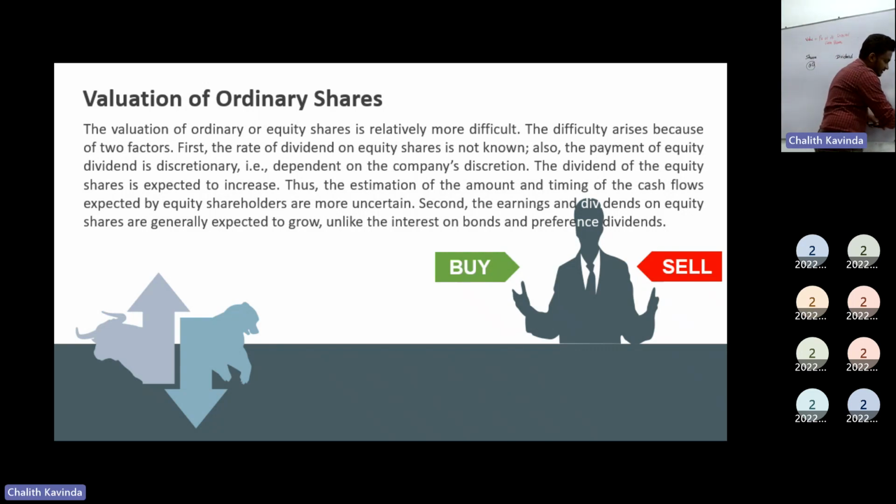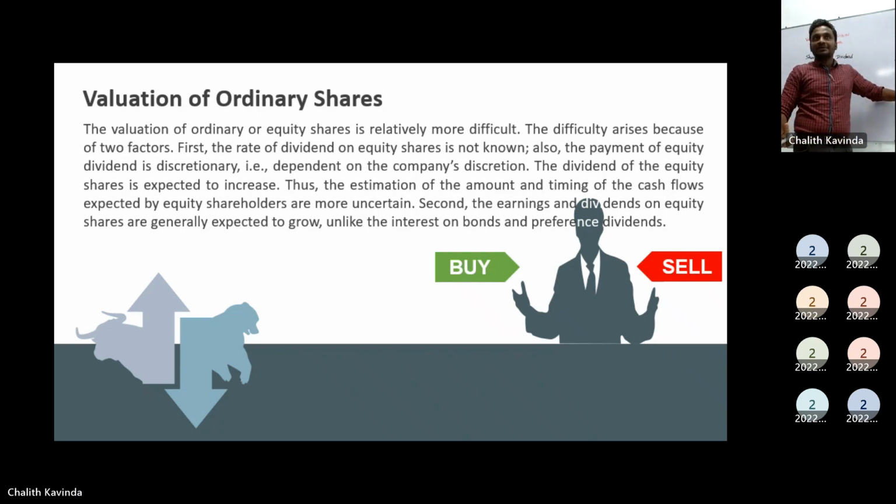My simple question is, do you get this as a cash value? Then what is the cash value that you get? Selling price.